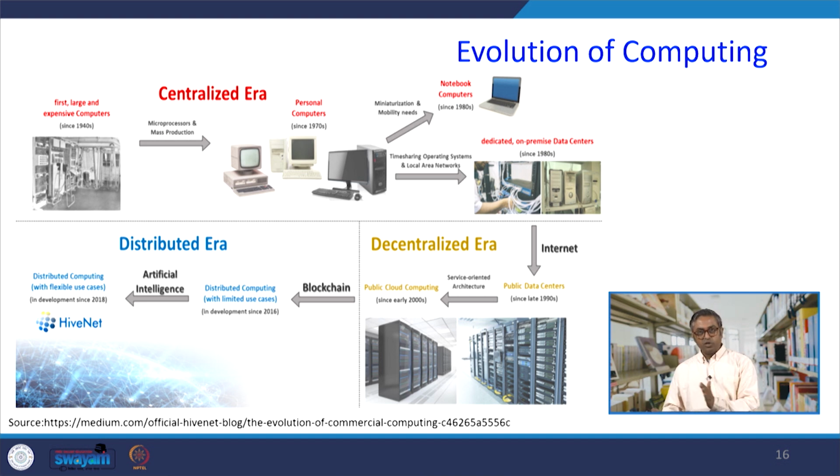This need for personal computing brought evolution in the discipline of computing. And today each one of us has a computer. Not everybody, but still, roughly 80 to 90% of individuals have computers.